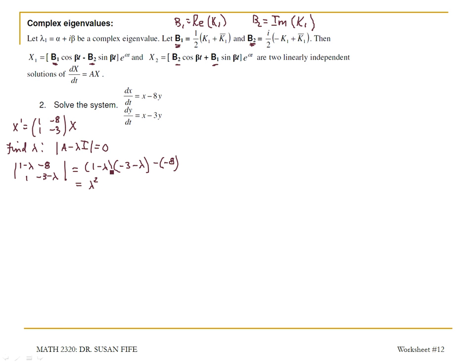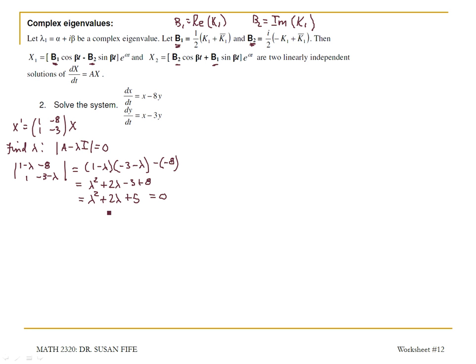Here I get a negative lambda and a positive 3 lambda. That's going to give me a positive 2 lambda, minus 3 plus 8, gives me lambda squared plus 2 lambda plus 5, and that's equal to 0. Now, lambda squared plus 2 lambda plus 5 doesn't factor.